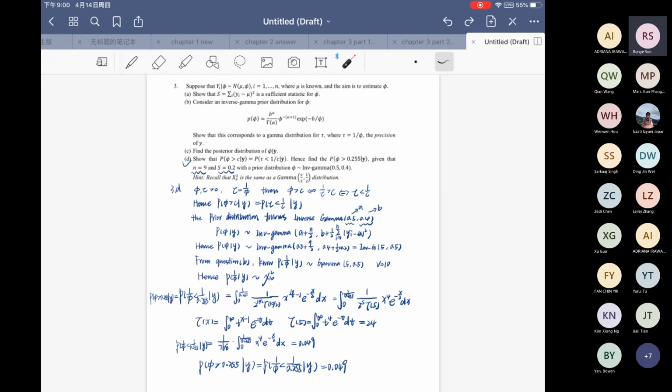Oh, I see, you integrate, but you get your answer, which is a probability of 0.049. You don't have to integrate actually, because it's a chi-square. You can use the table or R to get the answer. But it's okay, it's a correct answer.